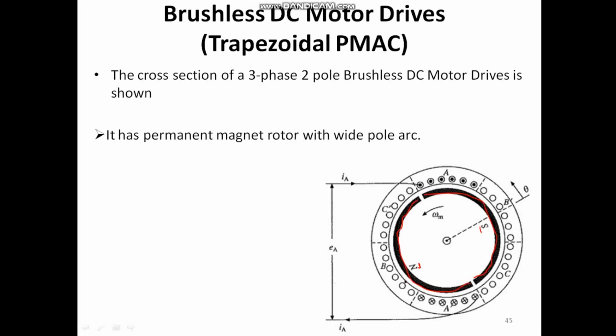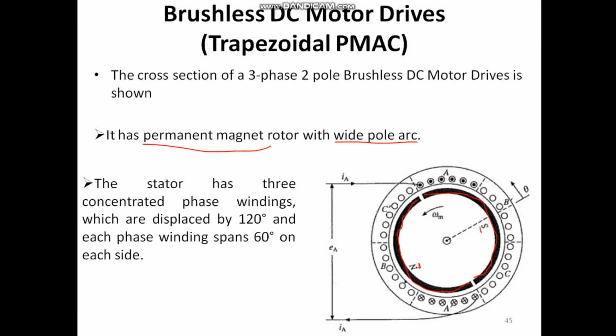So you can see it has a wide pole area and it is a permanent magnet. Next, the stator has 3 concentrated windings.